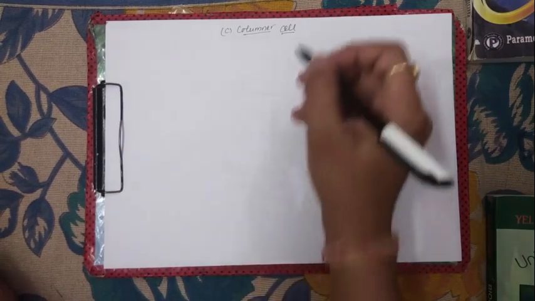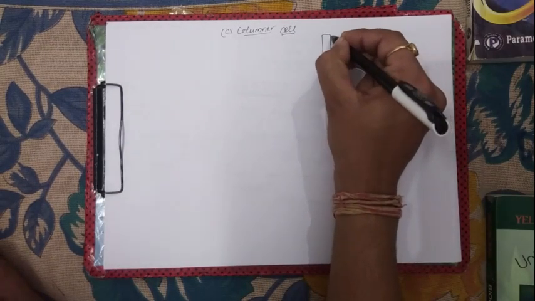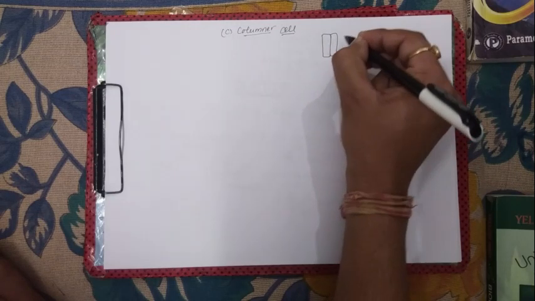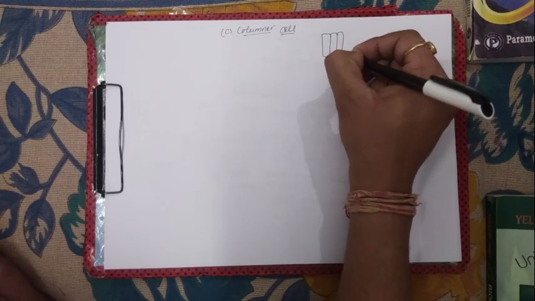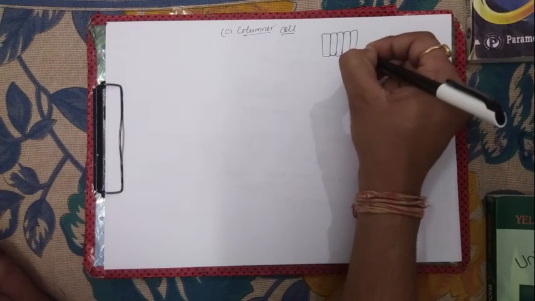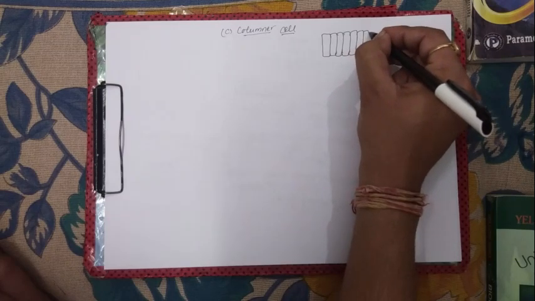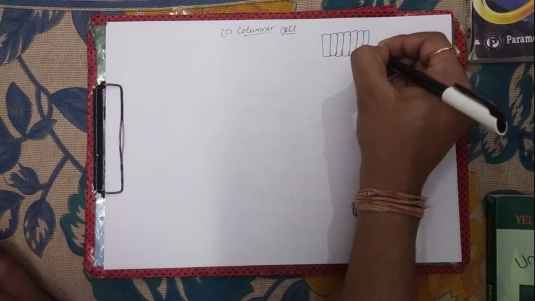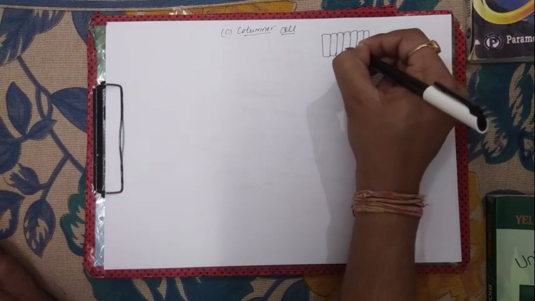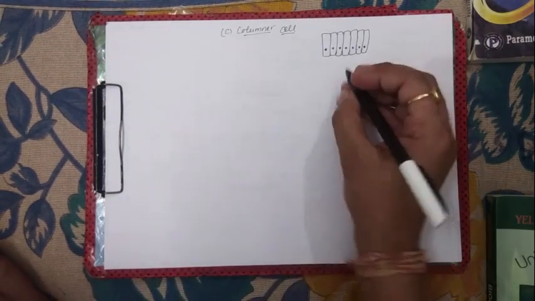Now the next is columnar cell. As the name suggests, this is the structure of a columnar cell.